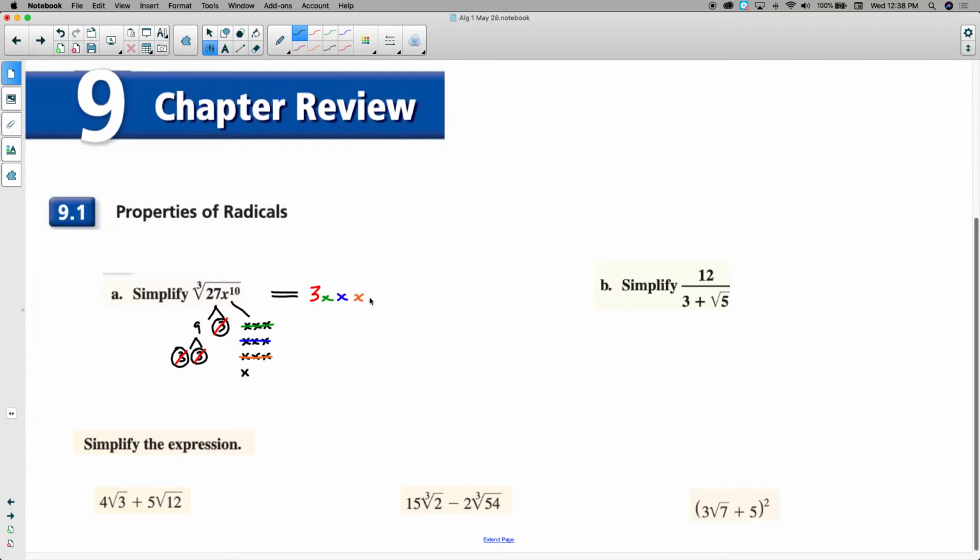And then I've got that sole x that's staying inside of the cubic root. Okay, so then wrapping this thing up, that's 3 x cubed, and 3's everywhere, times the cubic root of x. All right, so that is my first problem of the day.